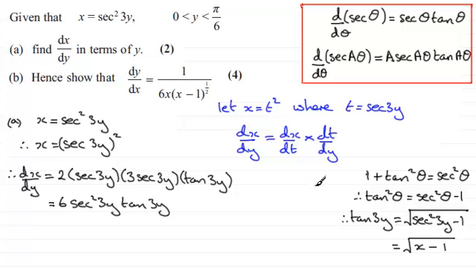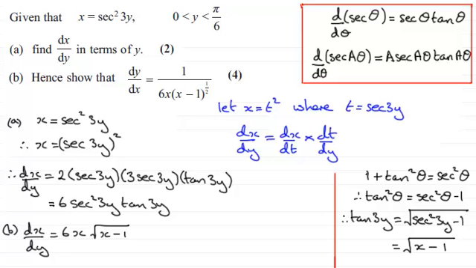So if we just border this off here, okay, we can now say in part B that dx dy, instead of being equal to this, is going to be equal to 6x for sec squared 3y, and tan 3y we've just seen is the root of x minus 1.